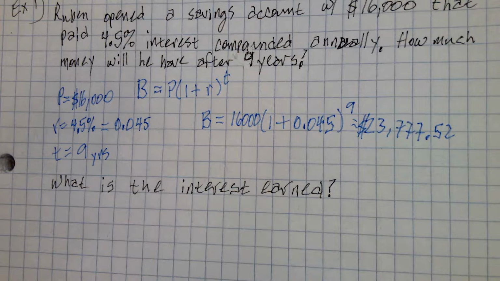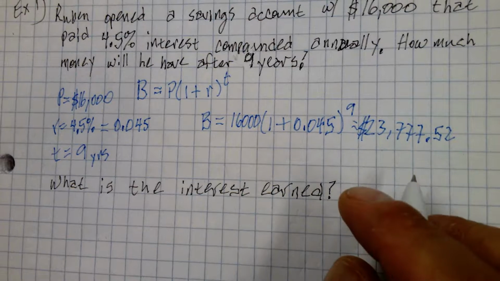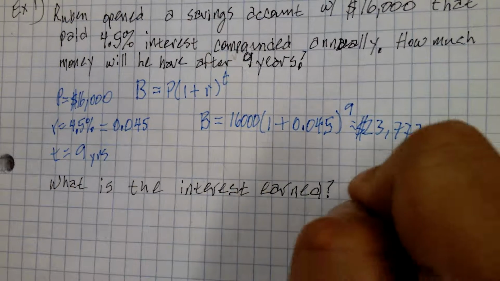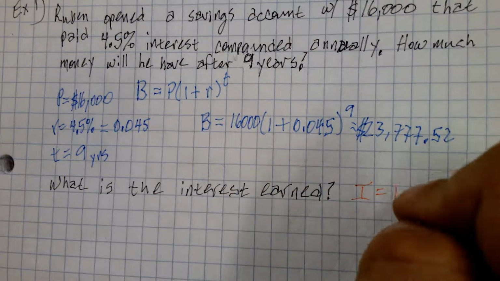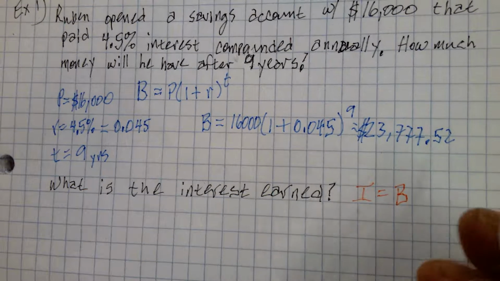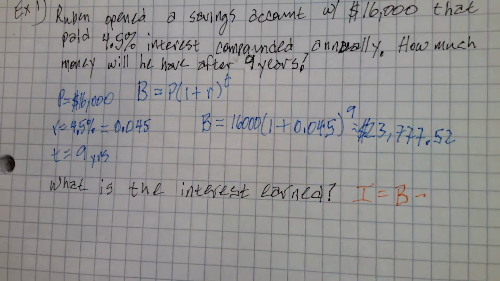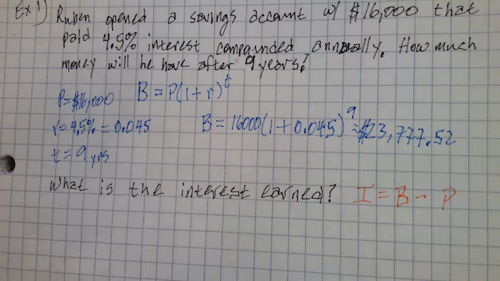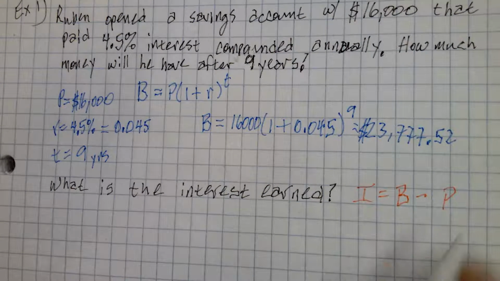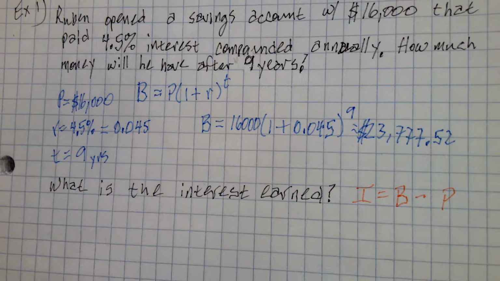For that, we're going to use something else. To figure out the interest, you're going to have to take the balance at the end and subtract the original principal, the original 16,000.